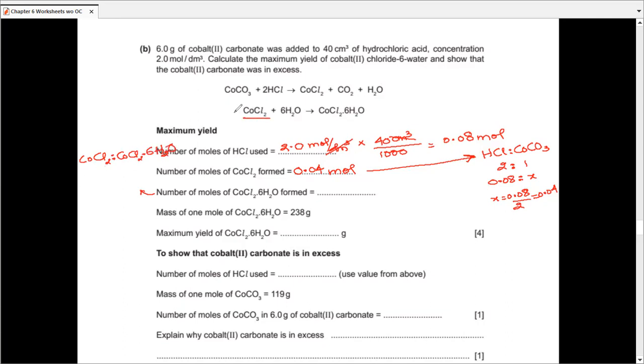Take a look at this CoCl2 here and this CoCl2.6H2O. This is 1 ratio 1, so 0.04 means that this one is also 0.04. That's our answer, 0.04 moles. Since the numbers are same in the ratio, the answers would also be same. Is this step clear?